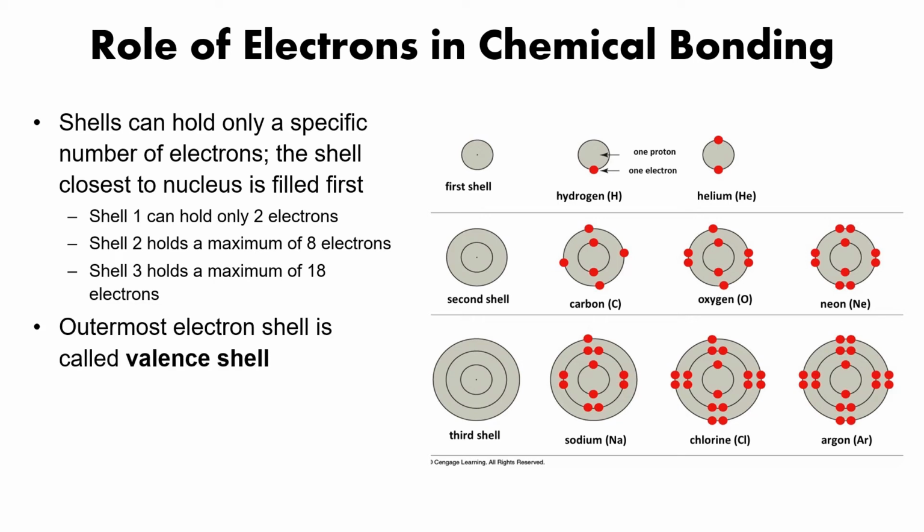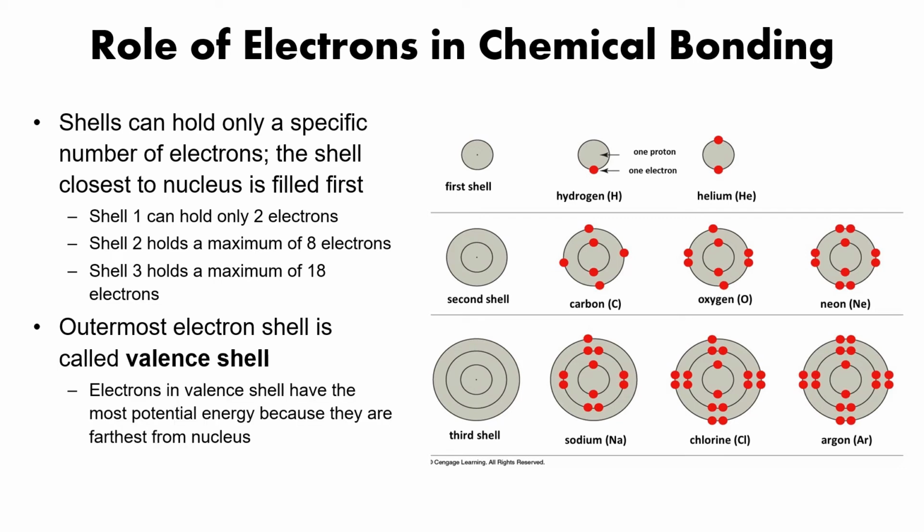When we look at an atom, we want to look at its outer ring, because the outer ring is what we call the valence shell, and this is what lets us know if it can form chemical bonds or not. If there are electrons in that outer valence shell, those are going to have the highest potential energy. So when they bind to things, they'll have energy that is going to be stored within that bond.